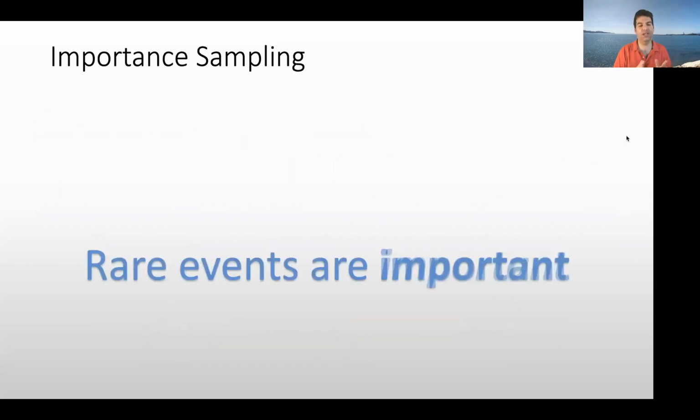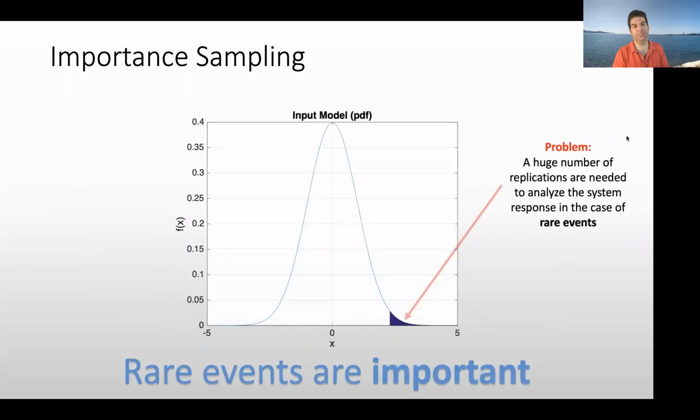So what we do in importance sampling is we look at our input models. And what we speculate is that the rare event occurs because our input models happen to generate almost pathological cases. So we happen to get a string of customers that just overstresses our system more than the normal set of customers.